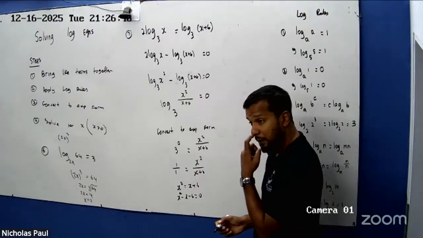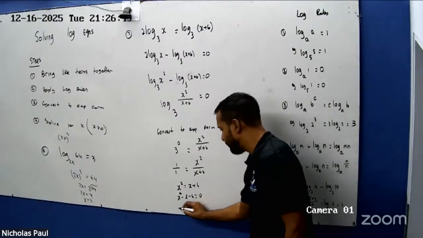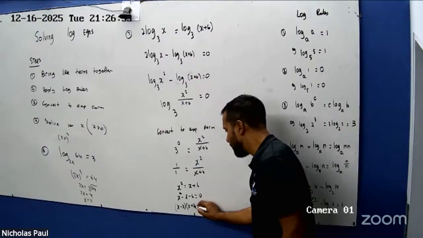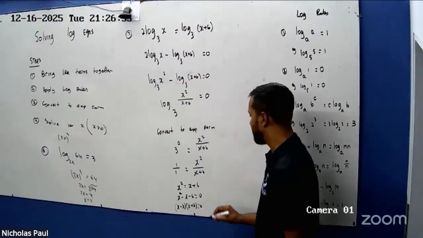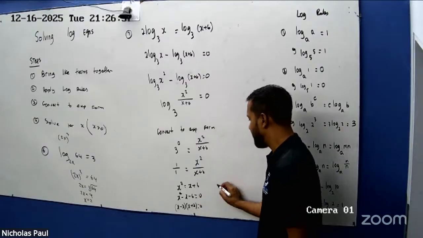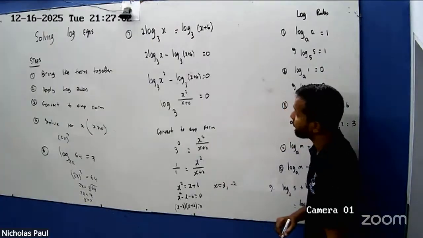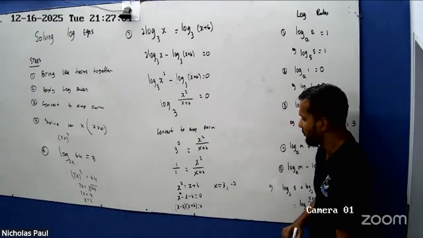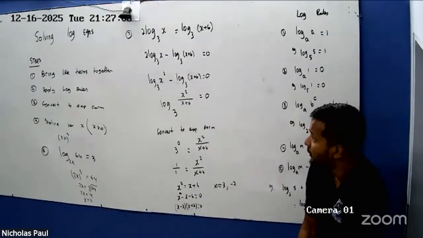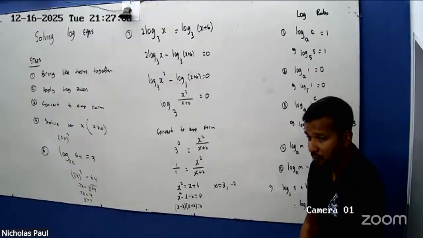Right? Let me calculate again now. I think you'll get minus 3 plus 2. So I think you'll get 3 and minus 2. Check and make sure. Right.